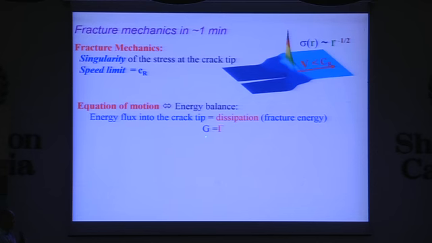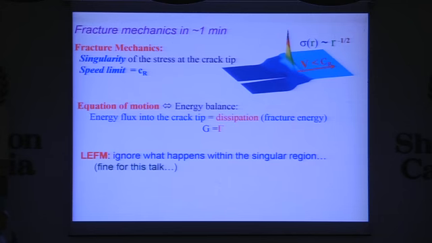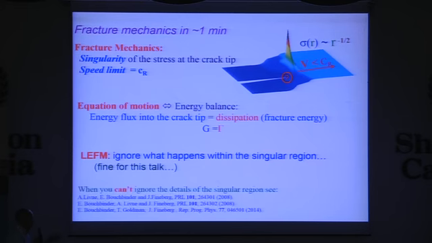So the energy release rate is equal to the fracture energy, or the energy dissipated at the tip of the crack. For the rest of this talk, I'll talk about basically the framework of LEFM, linear elastic fracture mechanics, and I'll ignore what happens actually in the singular zone near the crack tip. If you're interested in that, this is an unpaid advertisement. I'm here and we can talk about it because we've done a bit of work on that stuff.